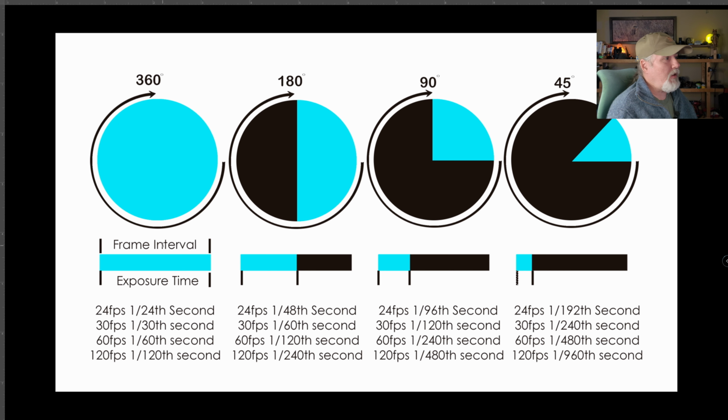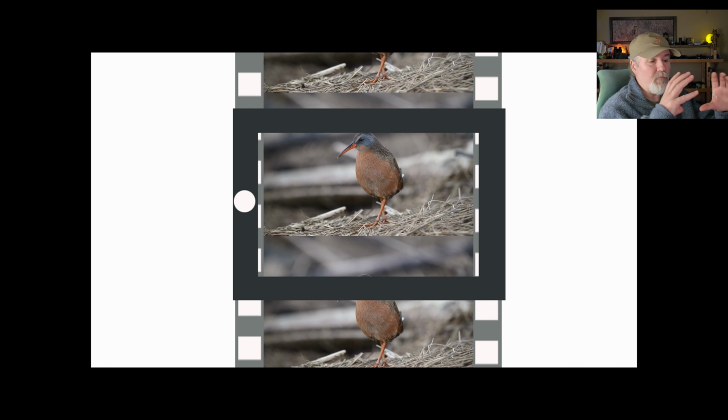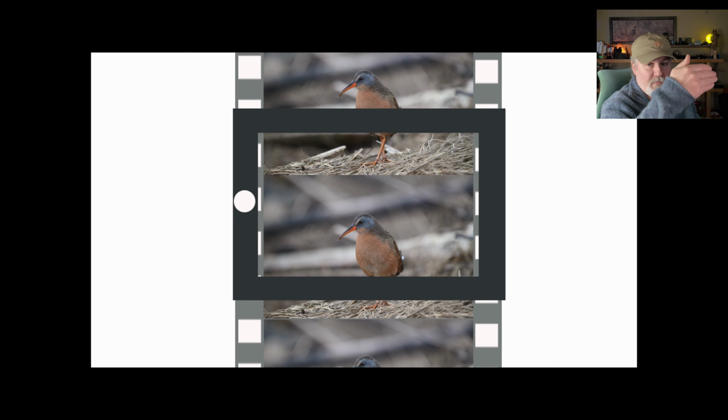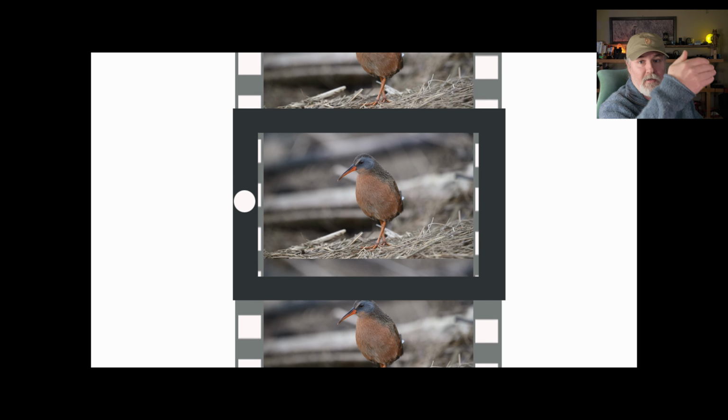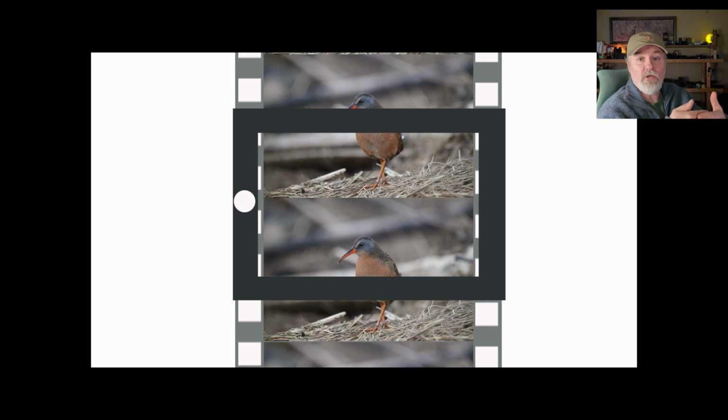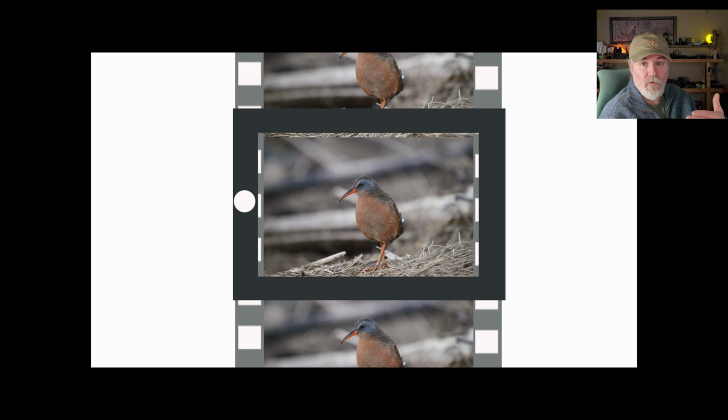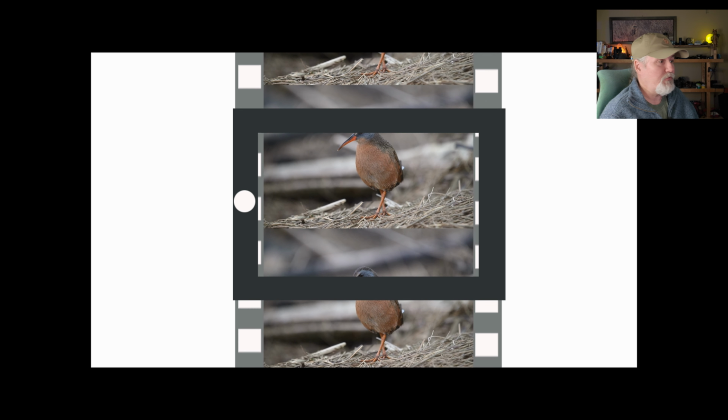So if you look at this at, say, 360 degrees here, you can see how the frame interval and the exposure time are equal because there's nothing blocking the exposure. Basically there's no shutter spinning. So that piece of film can be exposed for the full 1/24th of a second that it's moving across that opening in front of the lens.